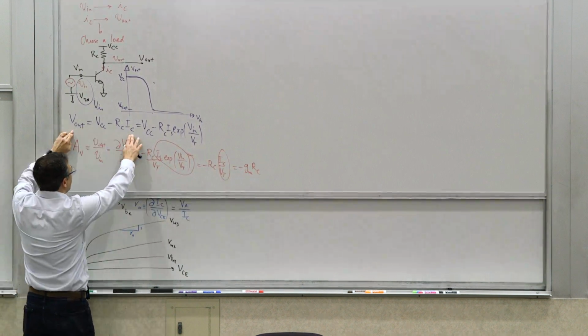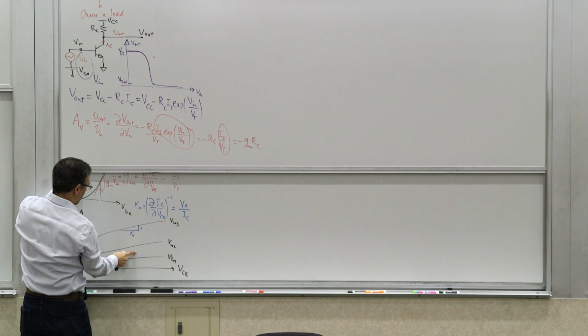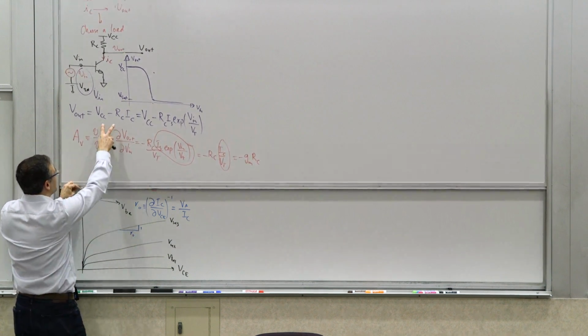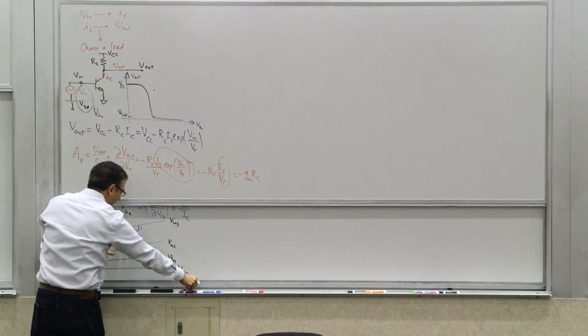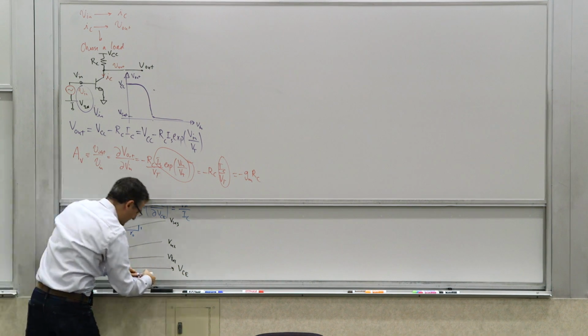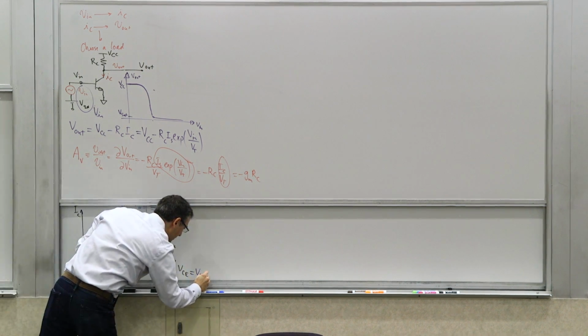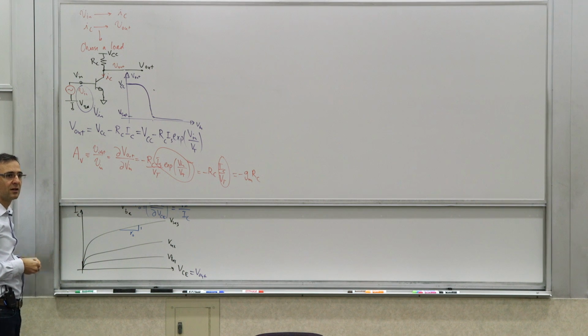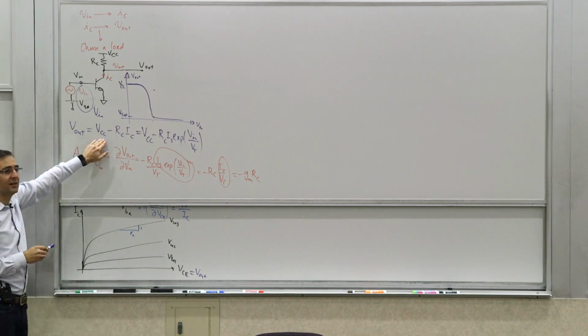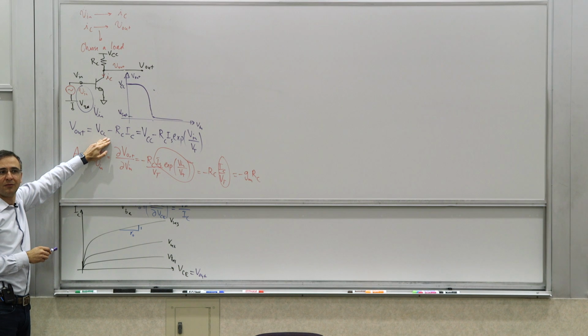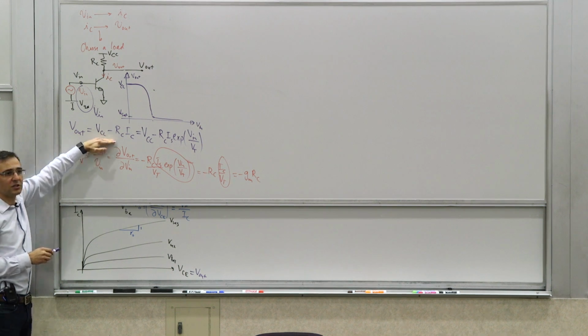So what does this purple equation define in this plane, in this picture? How can it be visualized? Because this VCE is V out, right? This is a line. We call it the load line because this was the equation describing the load.